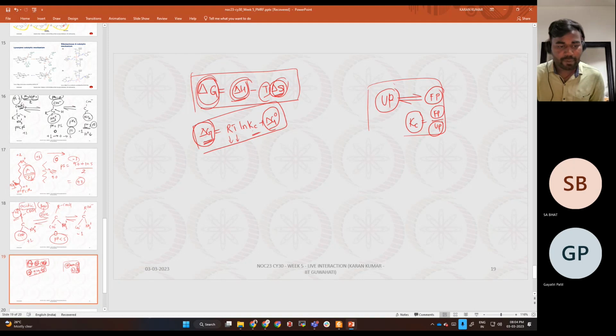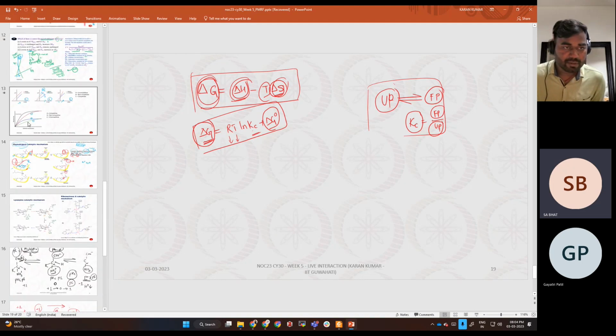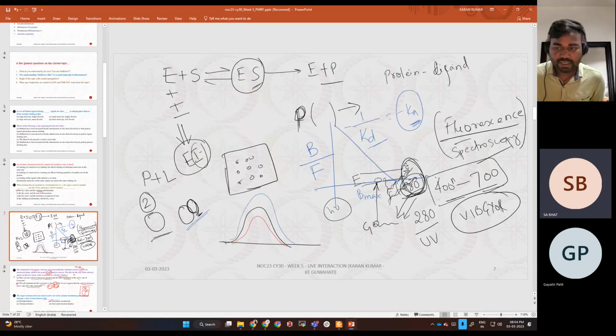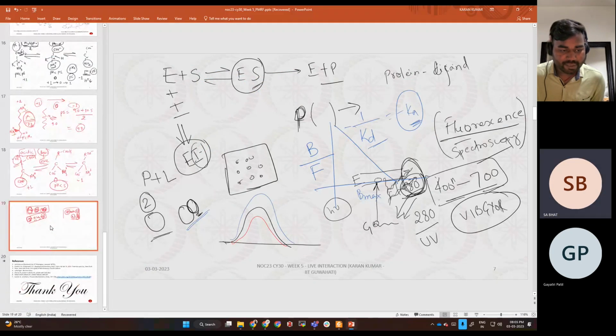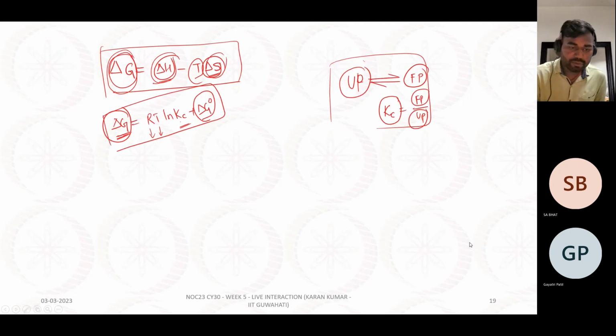And spectral properties I already discussed while talking about this set of problems, fluorescence spectroscopy and UV-visible spectroscopy. If you want the explanation again, I can give it here. There are three or four kinds of spectroscopy you will read. One is UV-visible spectroscopy.